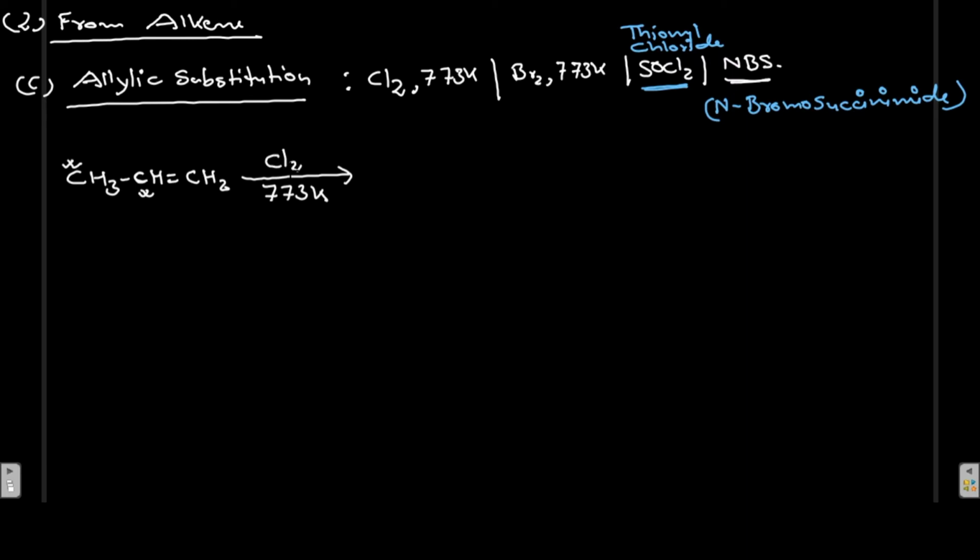One chlorine will react with one hydrogen, so from here one hydrogen will be removed and it will become HCl. Because this place is vacant, one chlorine will be attached to the carbon. So the compound will be like this: CH2, CH, double bond, CH2, and here one chlorine is attached.